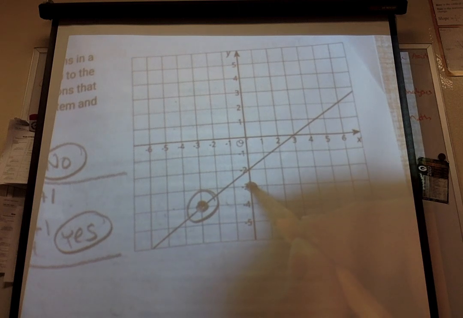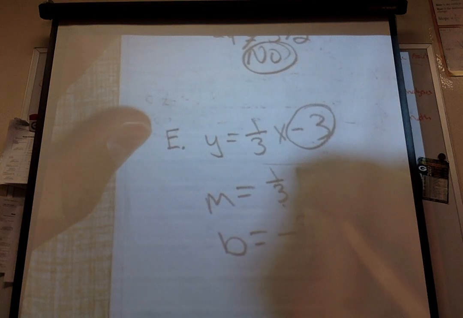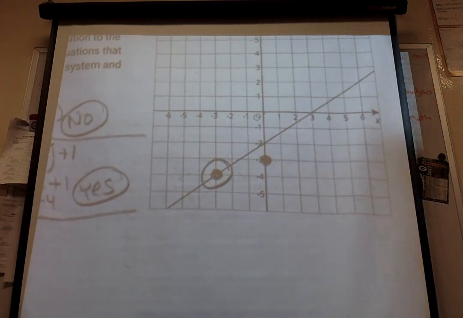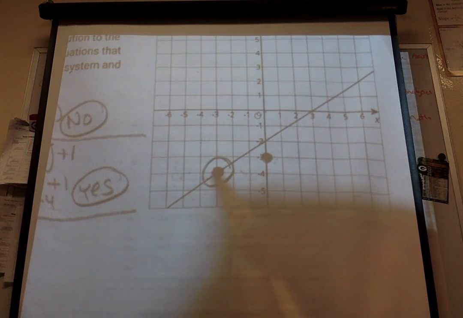Now, what we're going to do is look at our m. Our m is 1/3, 1 over 3. So it's a vertical over a horizontal. It means I'm going to go up 1, or I can go down 1, and actually that's what I'm going to do. I'm going to go down 1 and left 3. 1, 2, 3. And it is going to indeed hit right at our spot.